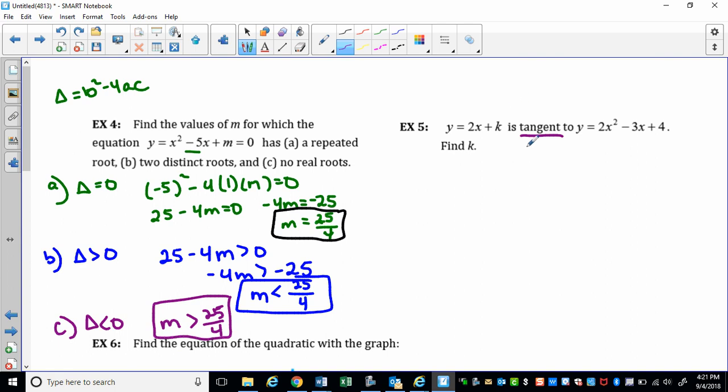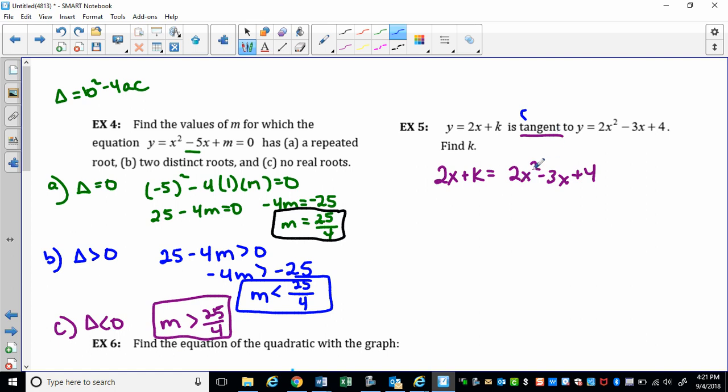So that means that they're going to be tangent when the 2x minus k plus k equals 2x squared minus 3x plus 4. So when are these two tangent? Well, we know they only intersect once when my discriminant is equal to 0.